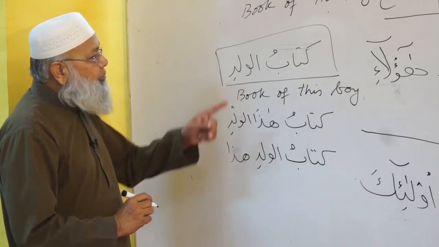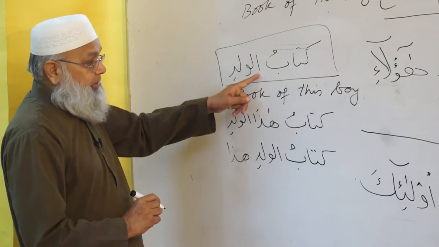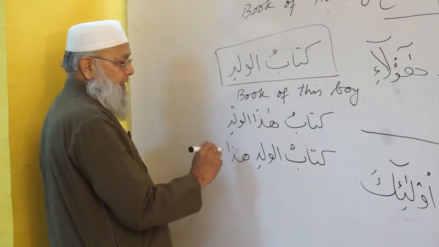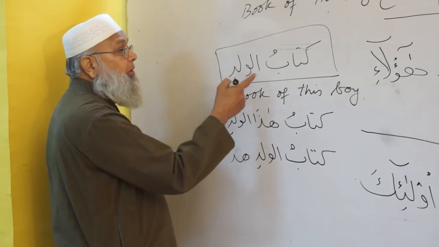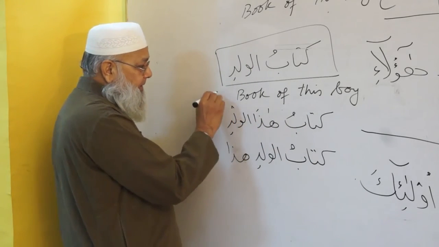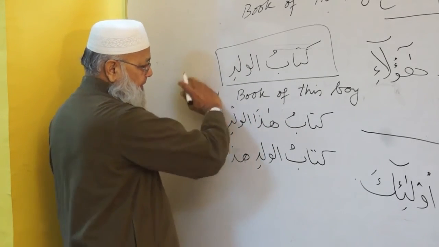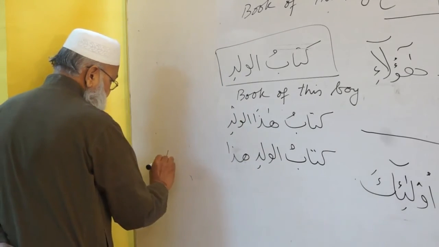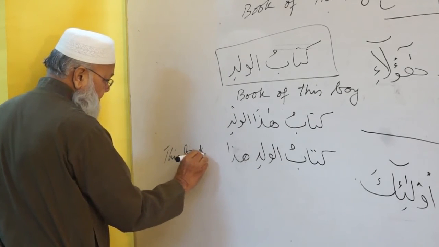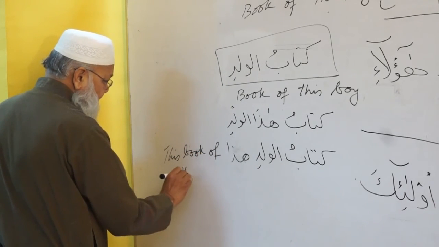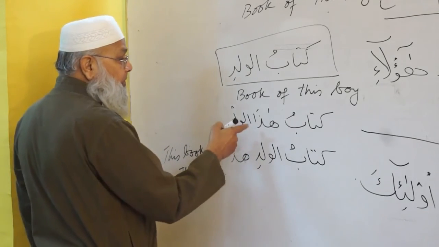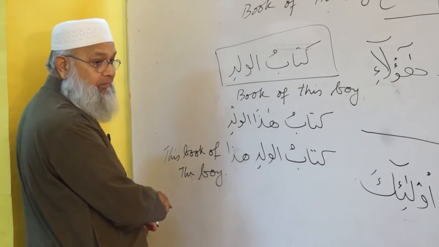When you have to point to the kitab in this construction, keeping it in incomplete construction, that is, you want to say this book of the boy, you say Kitabul Waladi Hadha.